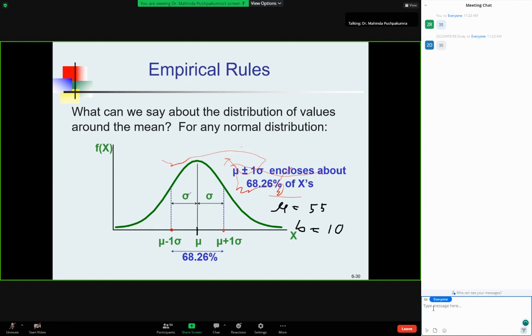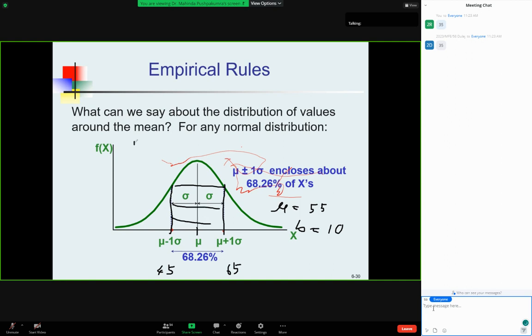Then calculate the probability between this area. Let's say this is 45, this is 65. What is the probability in this range?